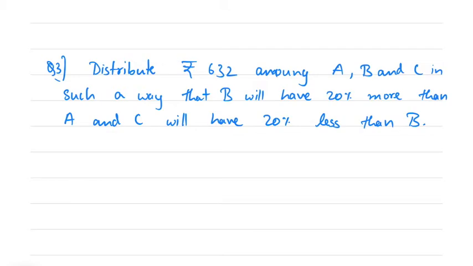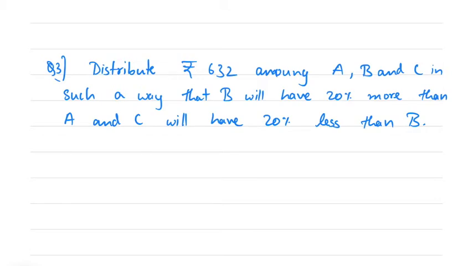Distribute rupees 632 among A, B and C in such a way that B will have 20% more than A and C will have 20% less than B. Let us assume that A will receive rupees 100.